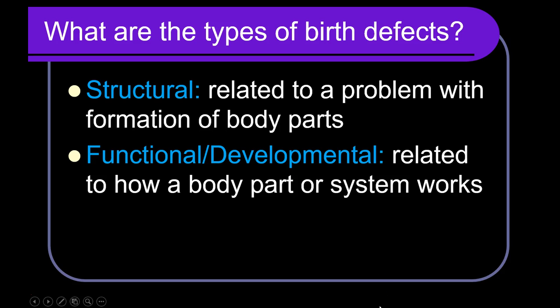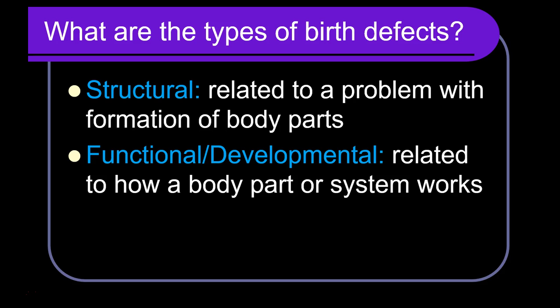Alright, so to further explain the different types of birth defects, a structural birth defect is related to a problem with the formation of a body part. So in particular, a body part like a limb could be missing, or it could be improperly formed. So it's really more of the noticeable physical features of the child.